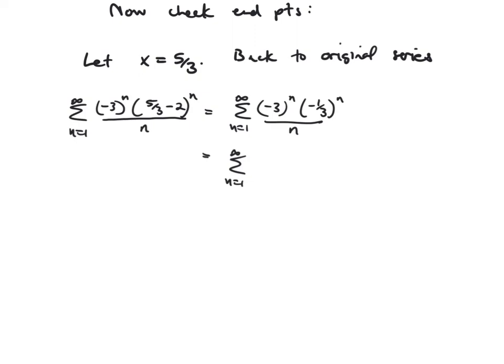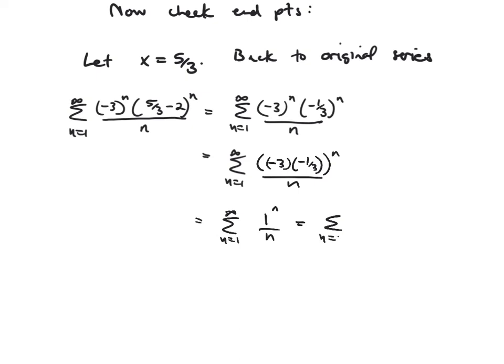Now, if I have two different bases here to the same exponent, I can combine this all as the product of the bases to that exponent. That is to say, I can write this as minus 3 times minus 1/3, all to the power n, over n. Now minus 3 times negative 1/3 becomes a 1 to the n, all over n. Now 1 to the n, doesn't matter what n is, that's always going to be 1.